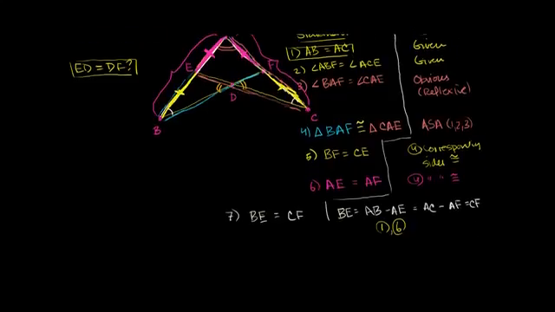So statement 8, we know that angle EDB is going to be equal to angle FDC. And that comes straight out of vertical angles.